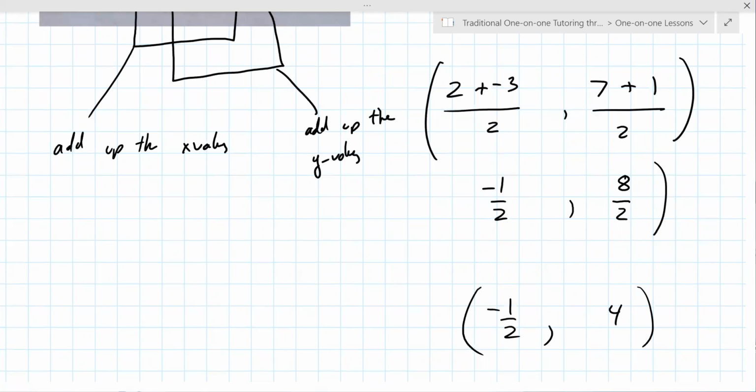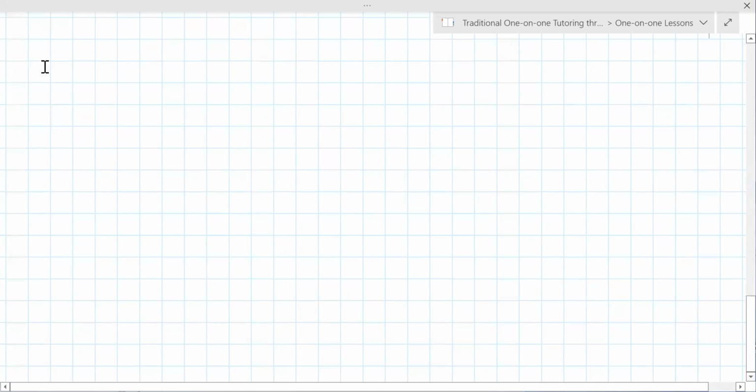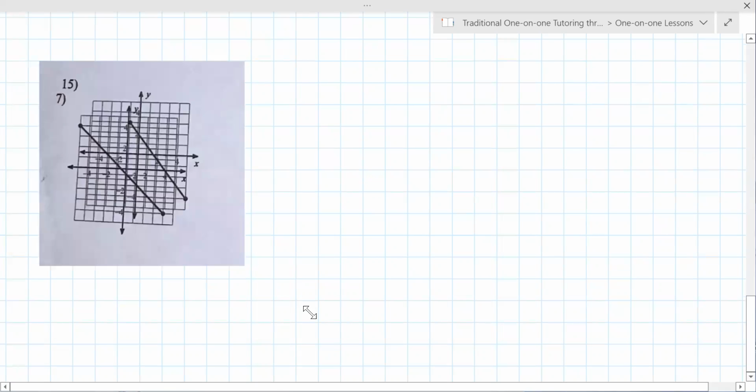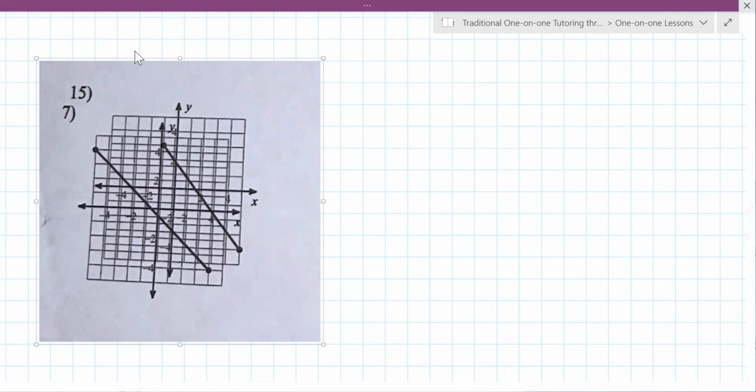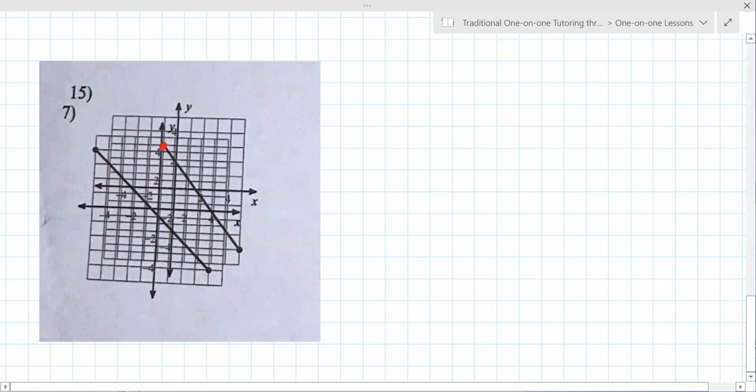Okay, so let me grab one of the graphs here and try to explain what's going on. Unfortunately, it's a little bit odd. This is really bad because we can't even read the points, but let's try. All right, let's look at this one in red here.